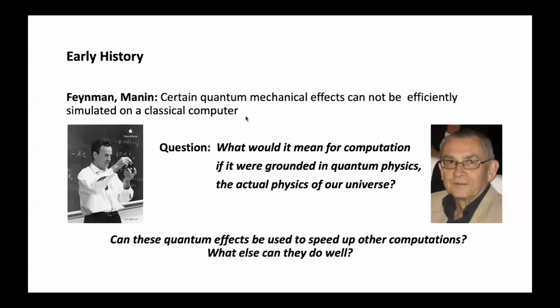They realized that certain quantum mechanical effects cannot be efficiently simulated on a classical computer. And then the question arises: what will it mean for computation if it were grounded in quantum physics, the actual physics of the universe? And then the second question that arose was, can these quantum effects be used to speed up computations? What else can they do?